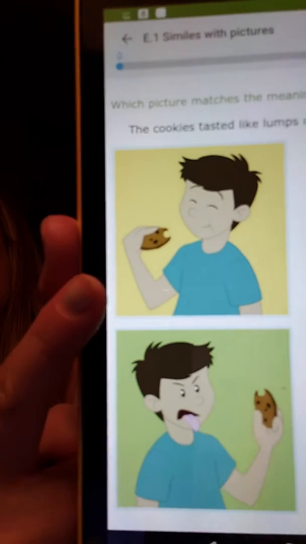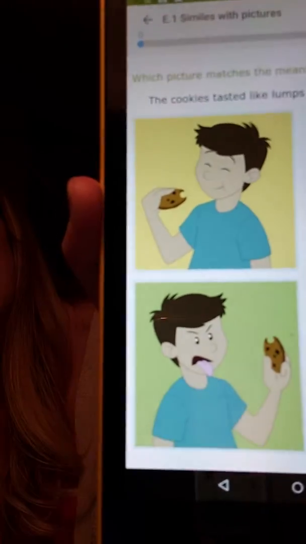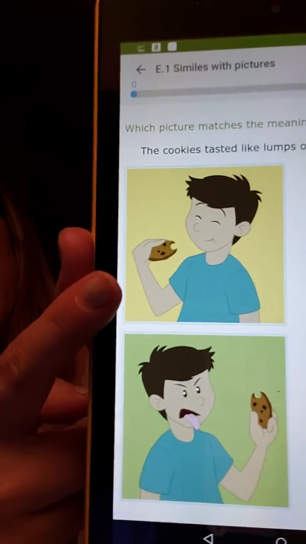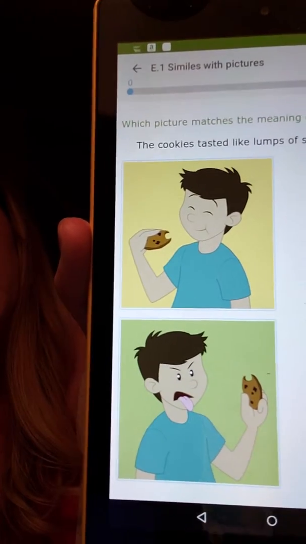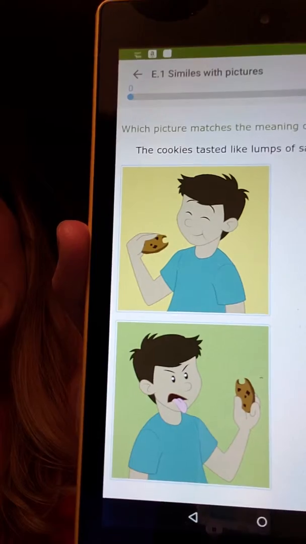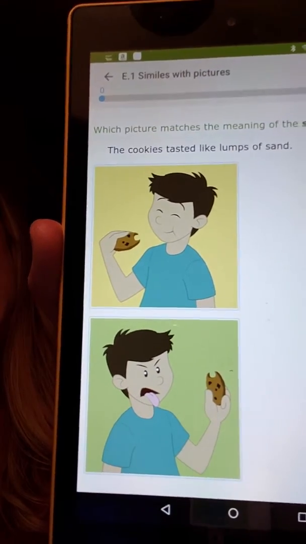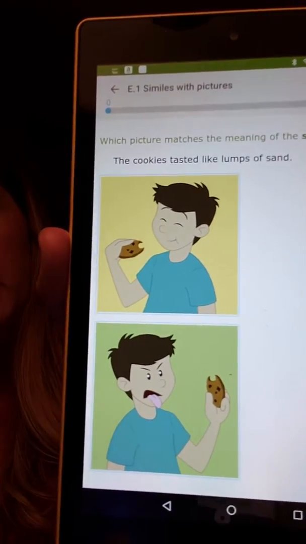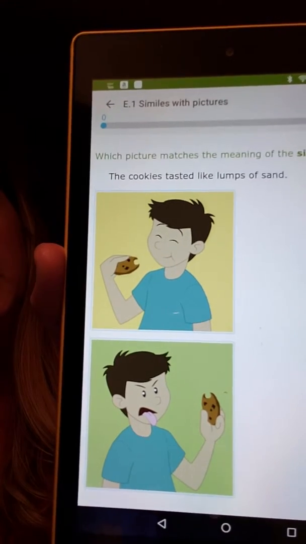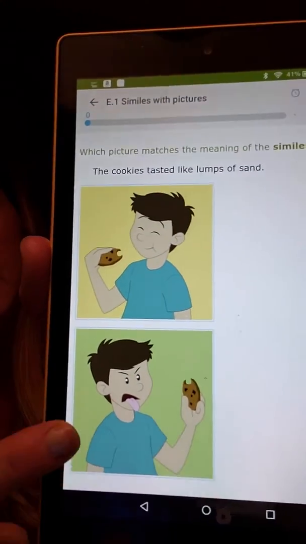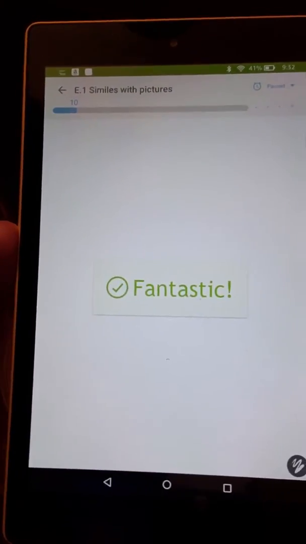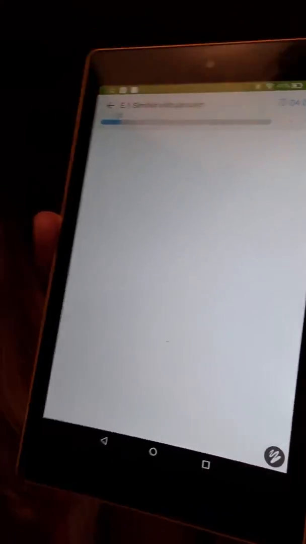Does this picture look yummy and delicious? Or does this picture look like it tastes like lumps of sand? Does lumps of sand taste good? Would it taste good to eat lumps of sand? No, it wouldn't. So, what picture looks like the cookies tasted like lumps of sand? The student would click the picture and it would say fantastic.